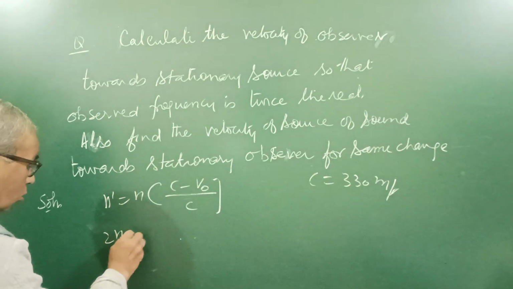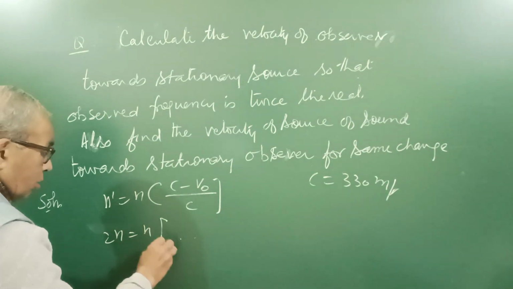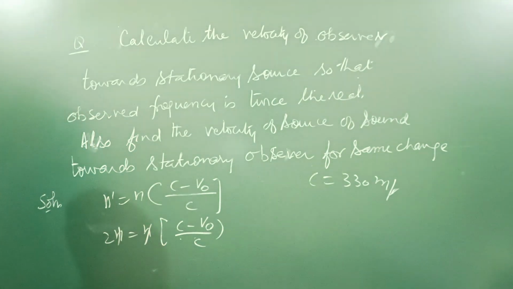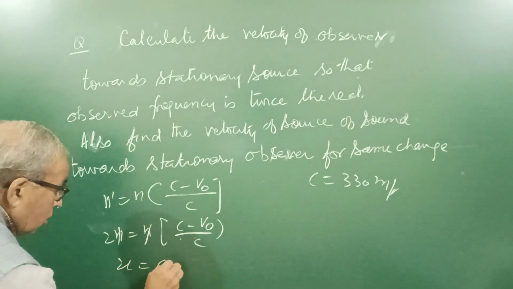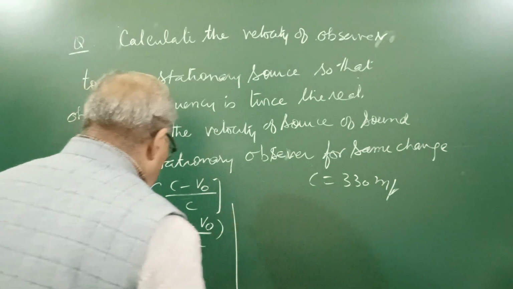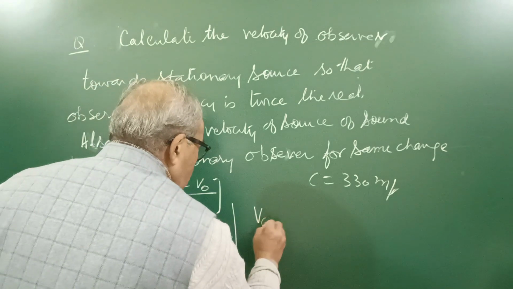So 2n equals n (c minus v) upon c, and 2c equals c minus vo, or vo is equal to minus c.